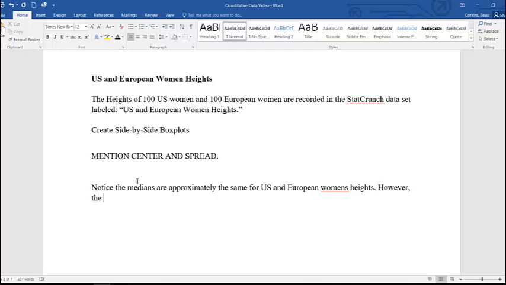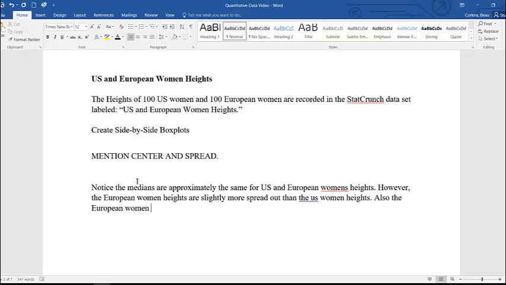However, the European women's heights are slightly more spread out than the US women's heights. All right, so again, it's just comparing center and spread.